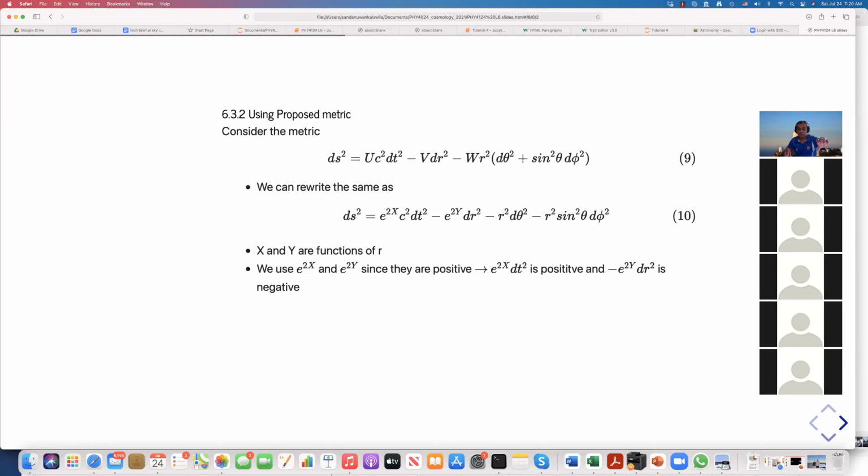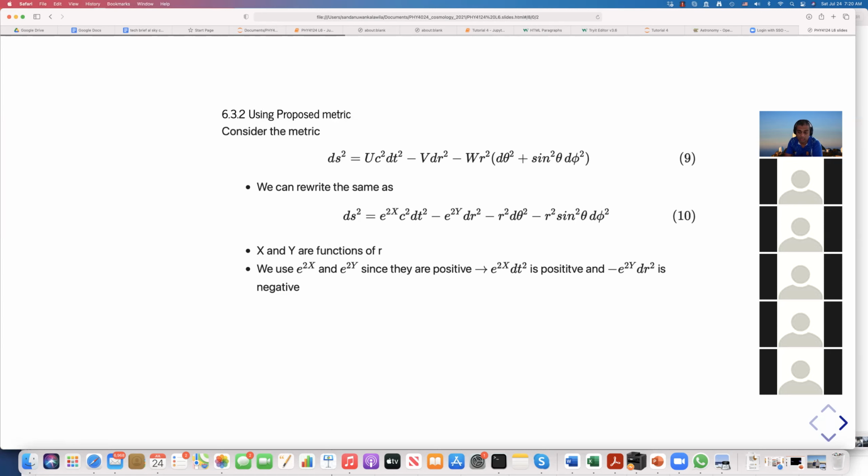Now our task is to find these x and y, which are functions of r, because once you find those, you are basically done. So you can take e to the power 2x, and that should be basically equal to that component 1 minus 2GM over c squared in the Schwarzschild metric, right? So that is the idea.